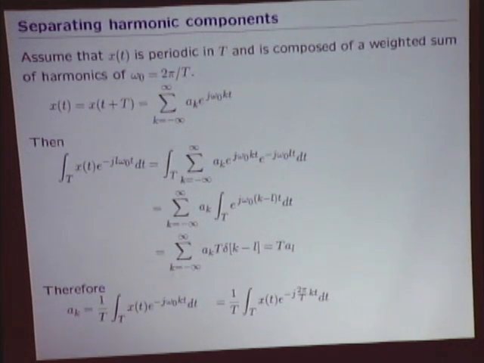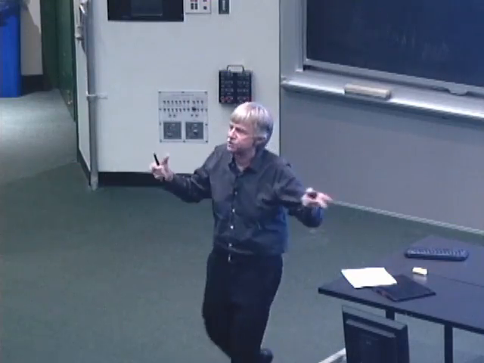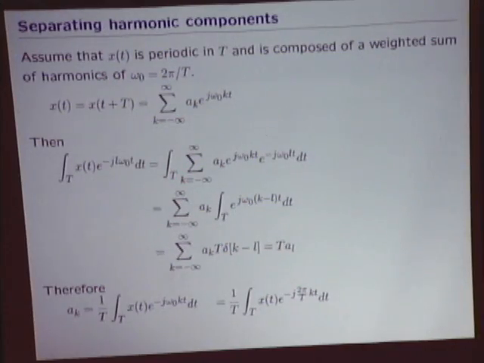We'll see in a minute what I mean by sift out and why I'm using minus instead of plus. If you were to run this integral over a period, and imagine for the moment that all the sums are well behaved so nothing explodes and all the convergence issues are trivial, then I could swap the sum and the integral.